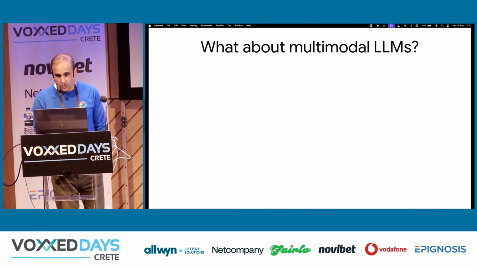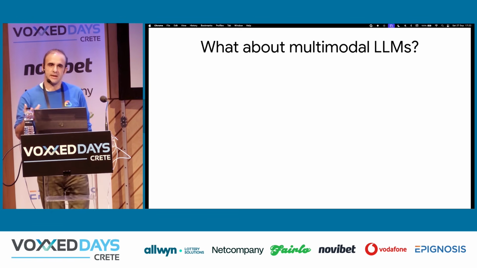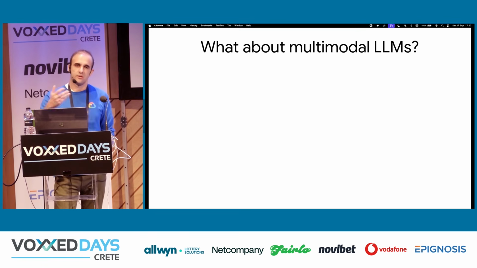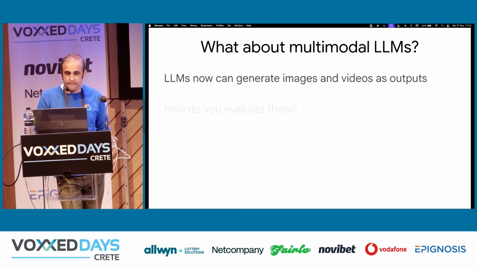And then you might also be wondering at this point about multimodal LLMs, because right now I've only talked about LLM outputs that are text-based, but we know that LLMs can now also generate images, videos, audio, and so on. So how do you measure those?